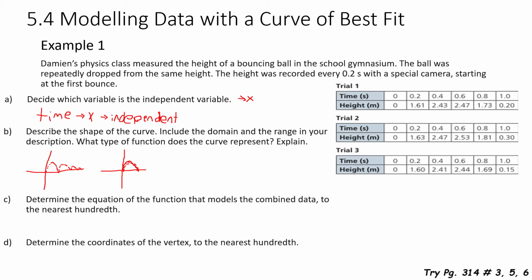So this kind of curve, in this case, the domain and the range in our description, there's going to be a maximum height. It's a quadratic that has a maximum. So we can put that in there. It's a quadratic that has a maximum.